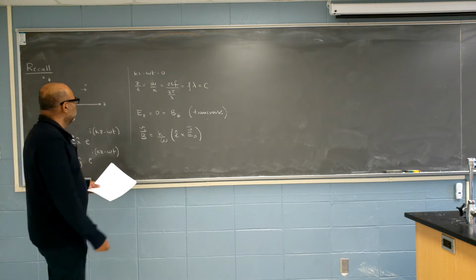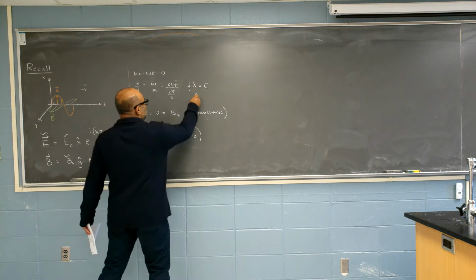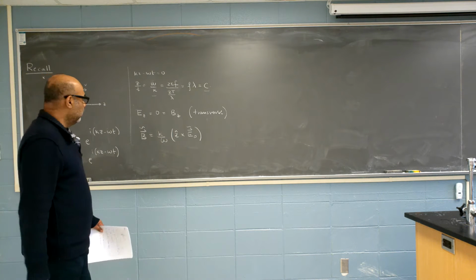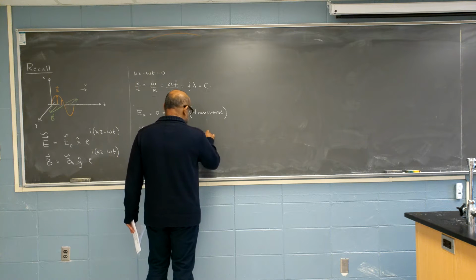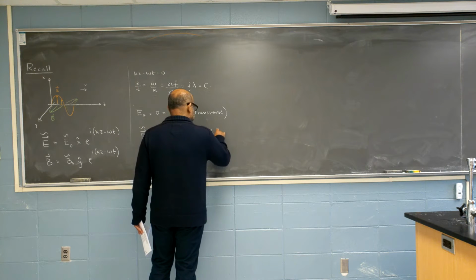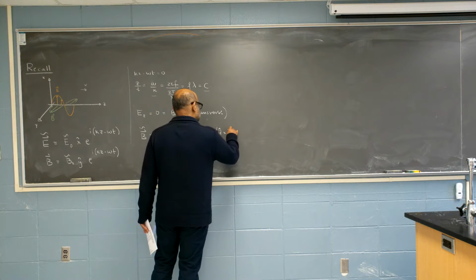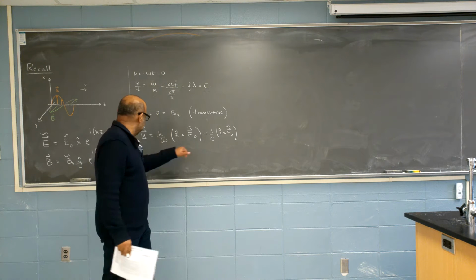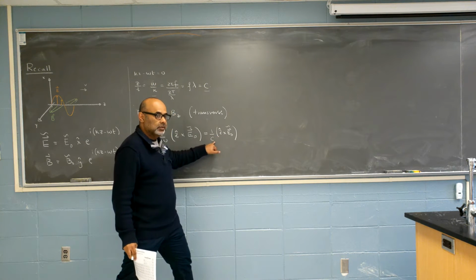And if you want, using this expression for omega over k, or k over omega, this can be written as 1 over c, z hat cross E0. Now, if you look at this and this, these guys are real.